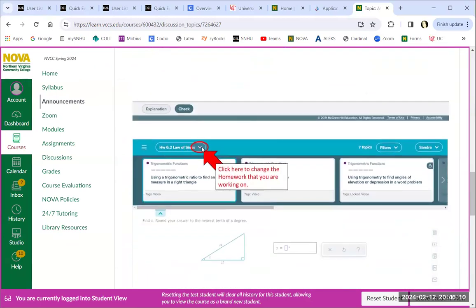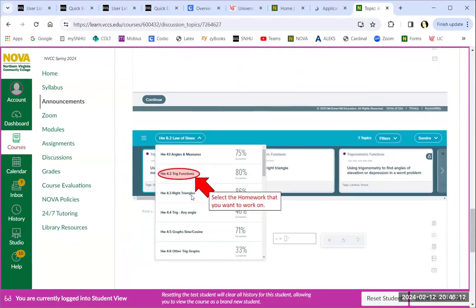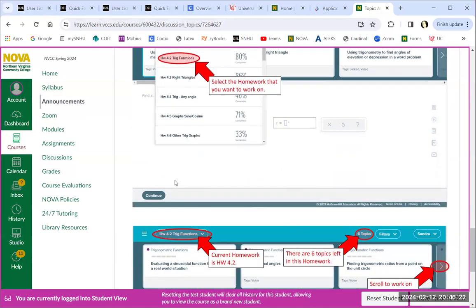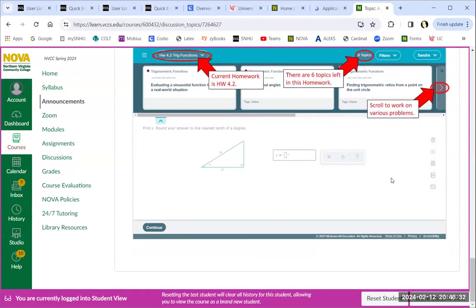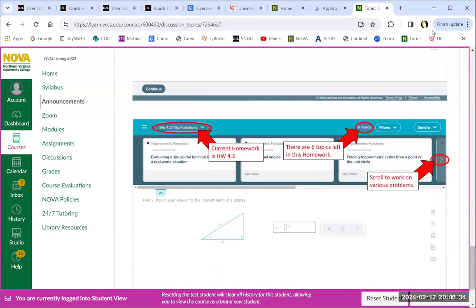Then you can choose from here the different assignments that you can choose from. And so even if it's pushed you down here in a different chapter, you can come up here and click which one you're wanting to work on. Once you've selected that, then across here, you can scroll right here to get more problems that you can work on for that. Okay. Does that help?